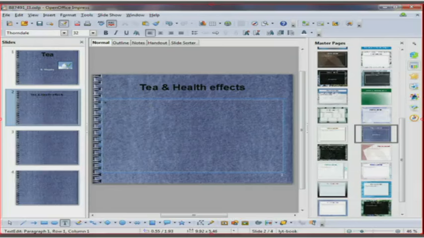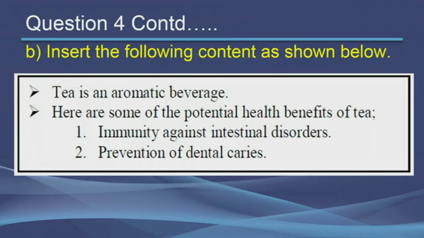From question 4, you got another part, question B. That says insert the following content as shown below. So in the image you can see that we have added bullet points and some numbering styles, and you remember that you have to add those numbering styles and bullet points exactly like given in the question paper to your answer.